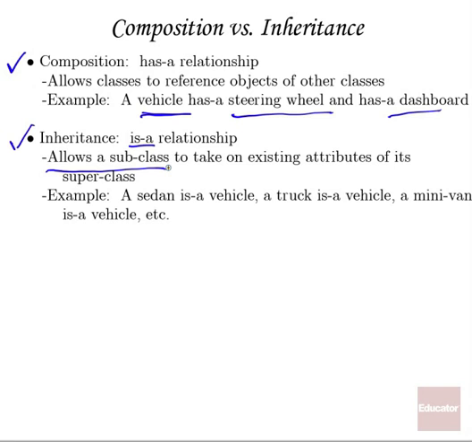For example, if we stick with our vehicle metaphor, a sedan is a type of vehicle, a truck is a type of vehicle, a minivan is a type of vehicle. So all of those subclasses are inheriting things like, it has four wheels, runs on gasoline, and all those properties that are coming from the superclass.